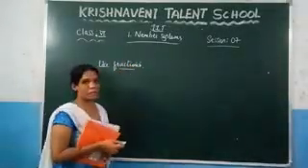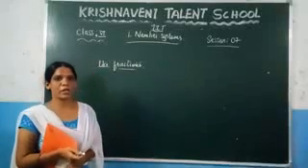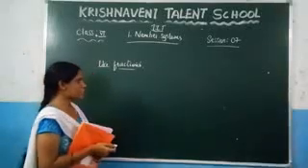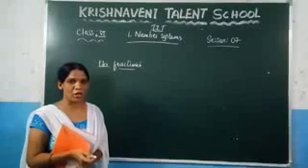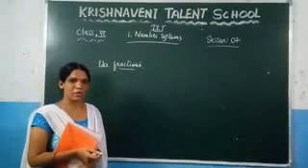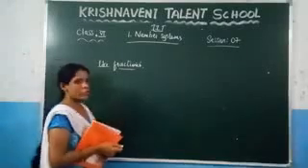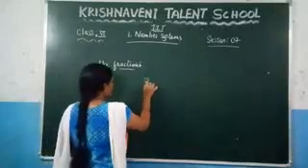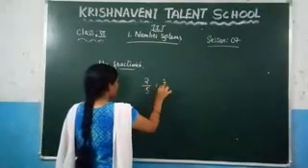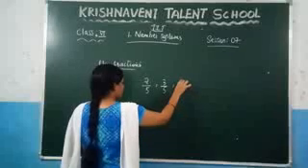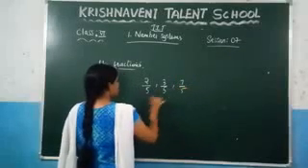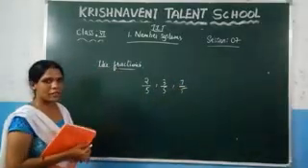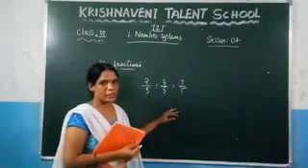If the denominator value is the same, that type of fractions we call like fractions. If the denominator values are not the same, that type of fractions we call unlike fractions. Let us consider 2 by 5, 3 by 5, 7 by 5. These are all examples of like fractions because the denominator is the same.